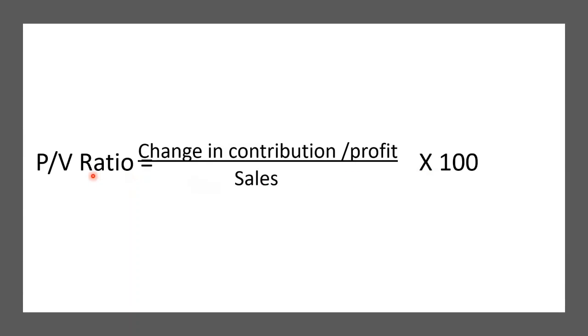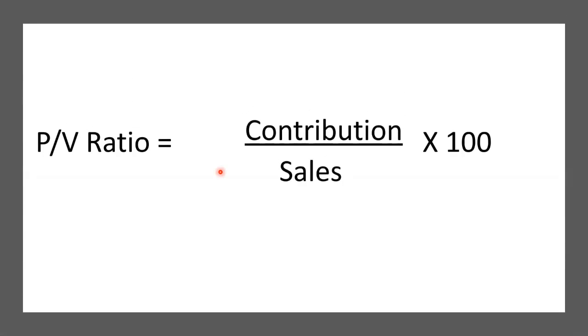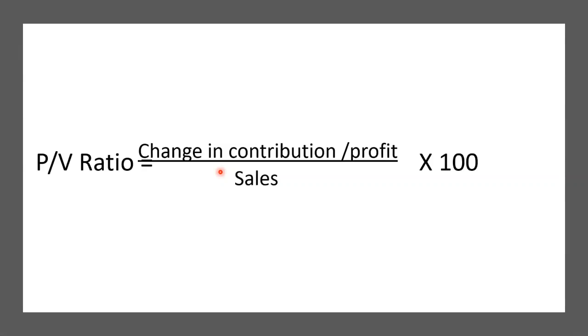Another way to compute profit volume ratio, when there are two levels of production or two types of activity given, and we have not been given these inputs. Contribution is not given, or sales is not given, or one of these is not given.